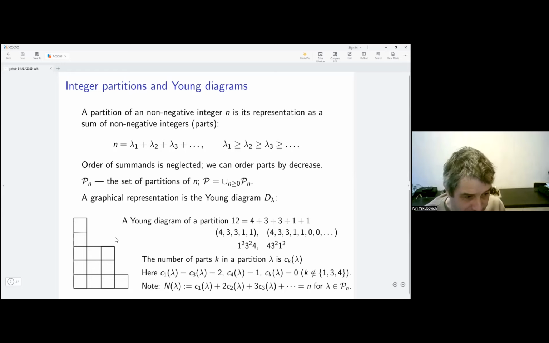I just give an example. I'm not giving a formal definition, but it should be clear from this example. Suppose we have a partition of, say, 12, which is 4 plus 3 plus 3 plus 1 plus 1. Hopefully I haven't made any mistake here.